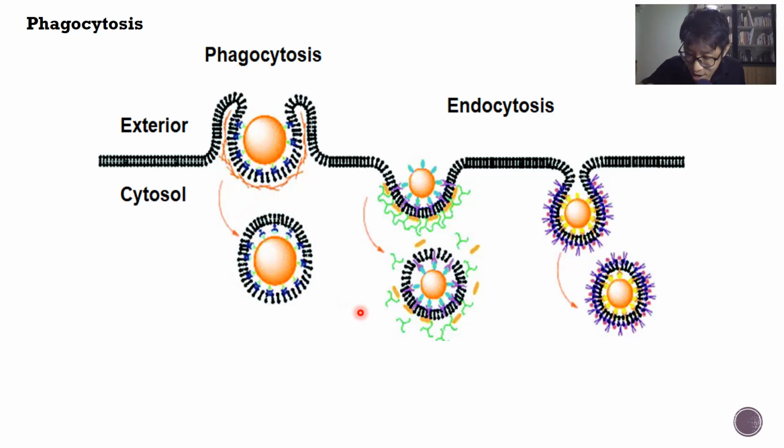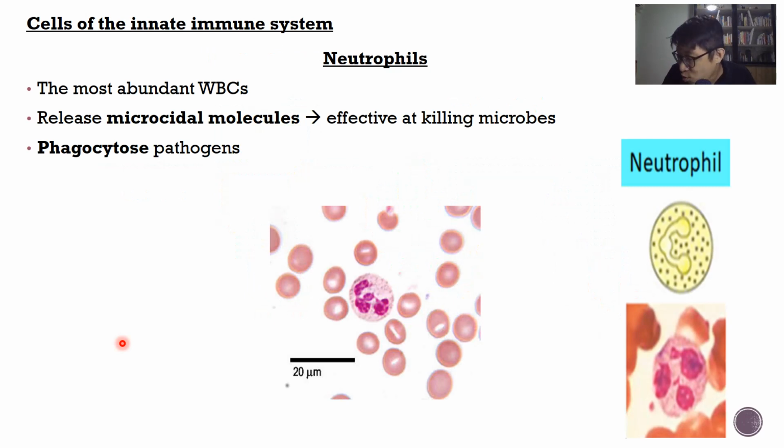Okay. So for the immune cells, it would be better for you to use terms like phagocytosis rather than endocytosis, a bit more specific for phagocytes, immune cells. All right. So now we will look at the different types of cells of the innate immune system. The first is neutrophils, which is the most abundant of the white blood cells.